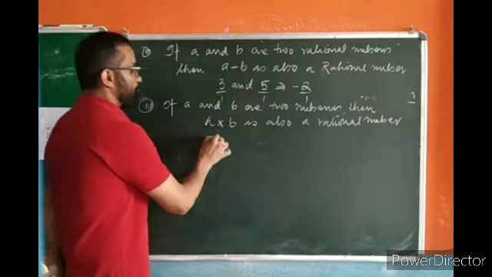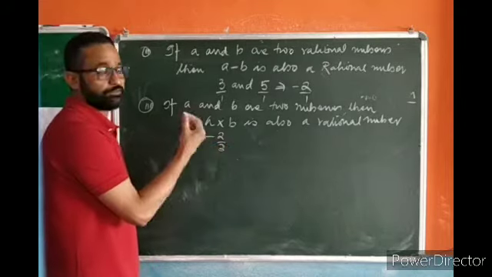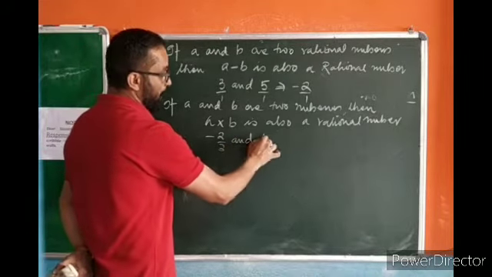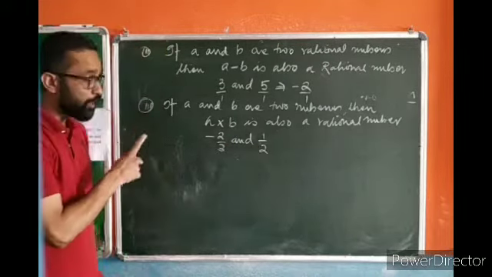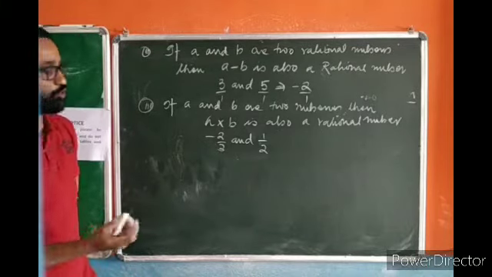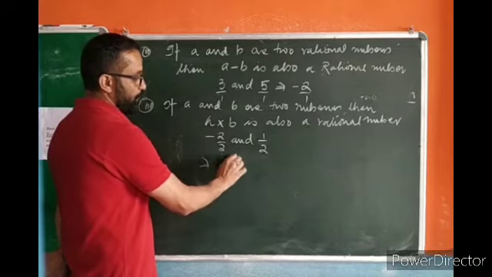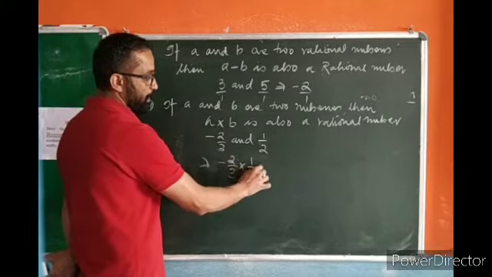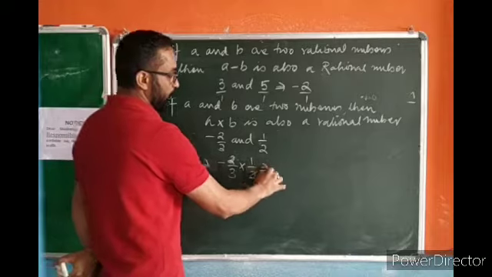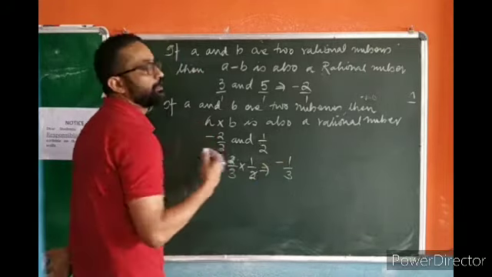So suppose you have minus 2 by 3 and 1 by 2. The product of this is also a rational. Minus 2 by 3 into 1 by 2. You cancel this, you get minus 1 by 3.